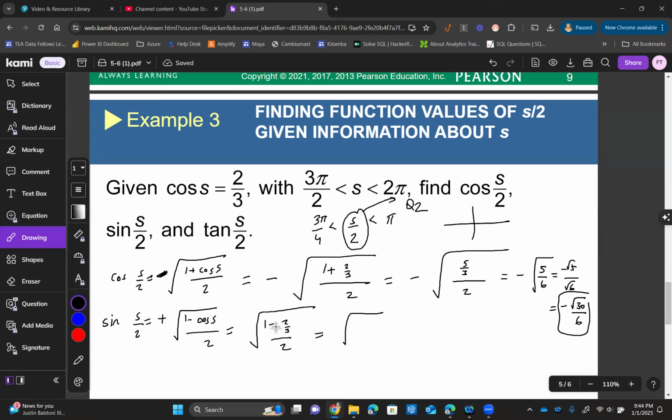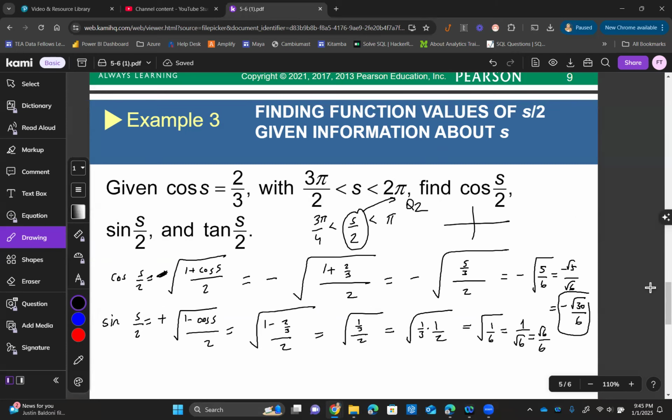So when I subtract 2 over 3 from 3 over 3, I just get 1 over 3, and I'm going to have to divide it by 2. So copy the first fraction, multiply it by the reciprocal of the other fraction. So we will get 1 over 6 here. When I take the square root of top and bottom number, radical 1 is just 1, radical 6 is root 6. When we rationalize this fraction, we're going to get root 6 over 6 for the sine value.